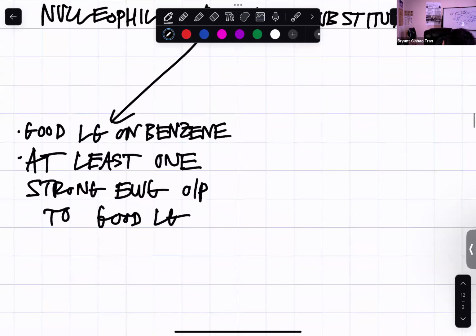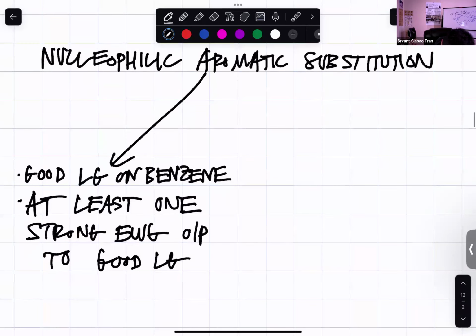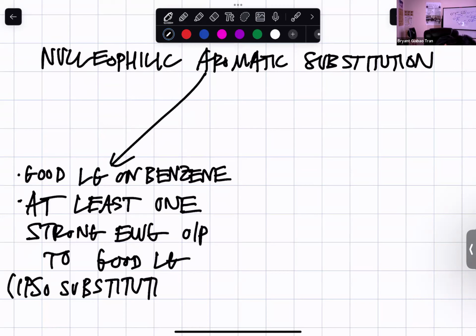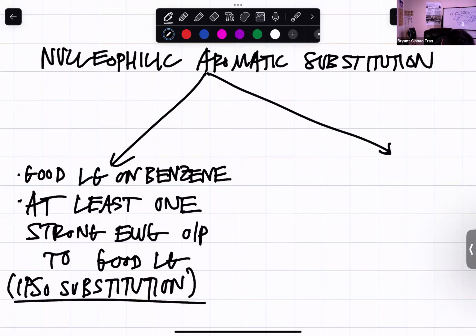And this is not the benzyne one. This is something else. Just a regular nucleophilic aromatic substitution. You might see ipso substitution somewhere else. Ipso substitution. Right. The other type is with the benzyne intermediate.